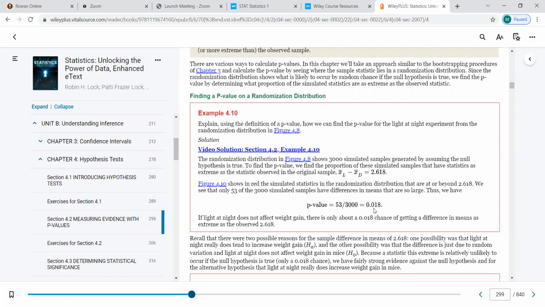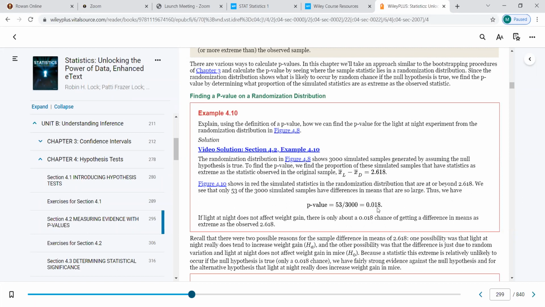If we converted that into a percentage and multiplied that by 100, we would get a 1.8% chance of getting a sample of 2.618 or bigger. There's only a 1.8% chance of that happening if we assume that there's no difference in means. In other words, we assume that the null hypothesis is true.